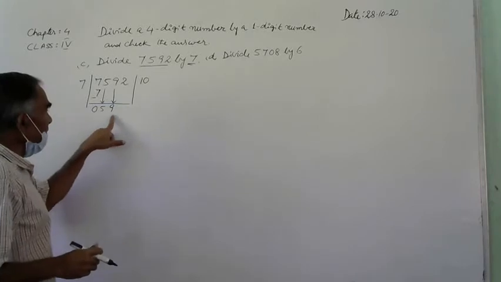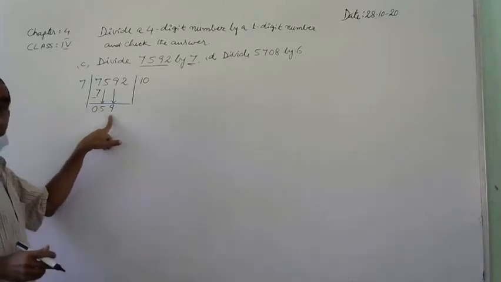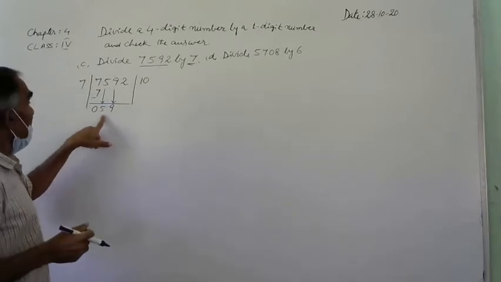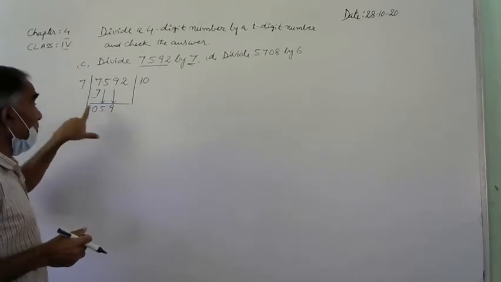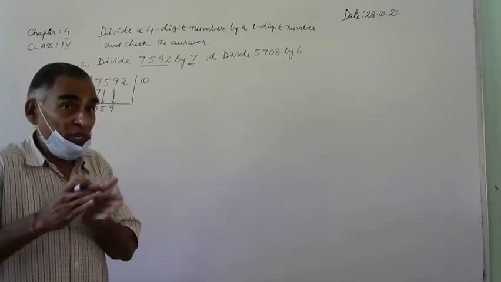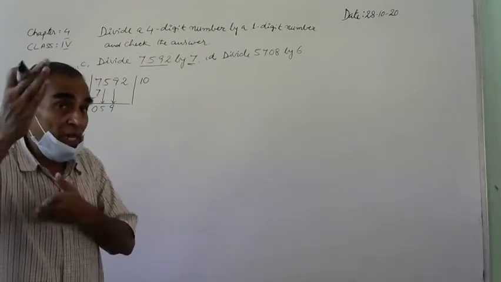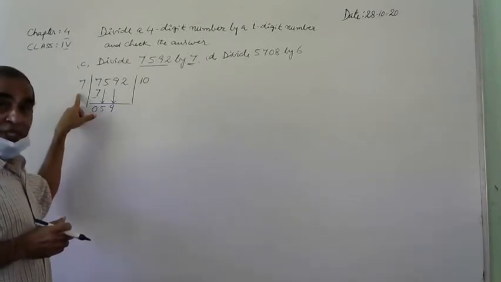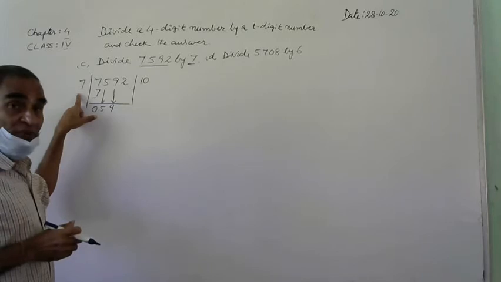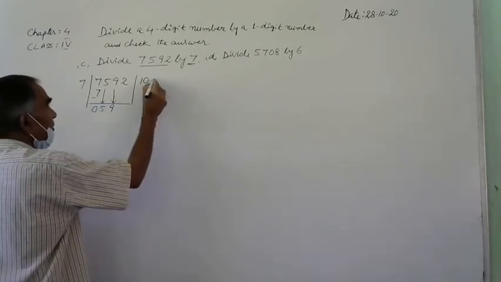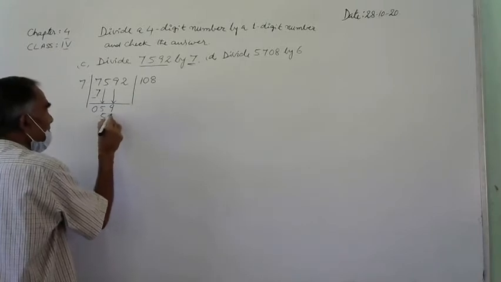Okay. Now you see, 59. Is it smaller than the 7 or bigger? Naturally bigger. 59. You recite the 7 table to reach 59 or near to 59. 59 के सामने तक जाओ. आगे नहीं जाना. 7 7s are 49. 7 8s are 56. 56 is very much near. 8 you write. 7 8s are 56.